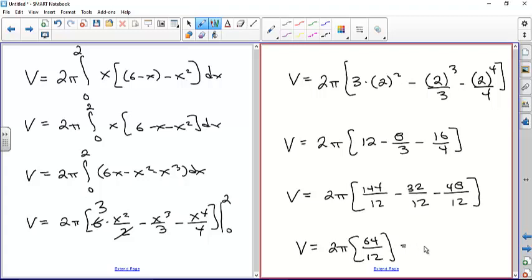So how do we simplify this thing? Well, we could do 128 pi over 12, and both the numerator and the denominator are divisible by 4. So 128 divided by 4 is 32. So we get 32 pi over 3. That's the answer.